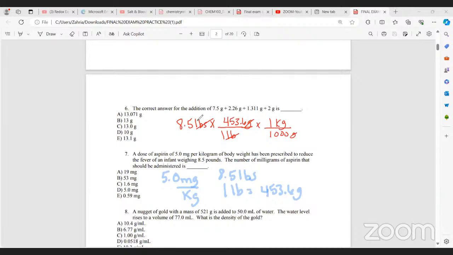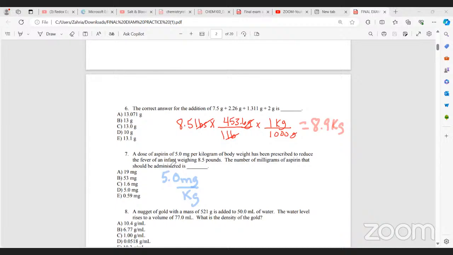Now, here's the thing though. You're not done yet, okay? And how do we know you're not done? Because you've got to take that number that we get here and plug it in, kilograms.